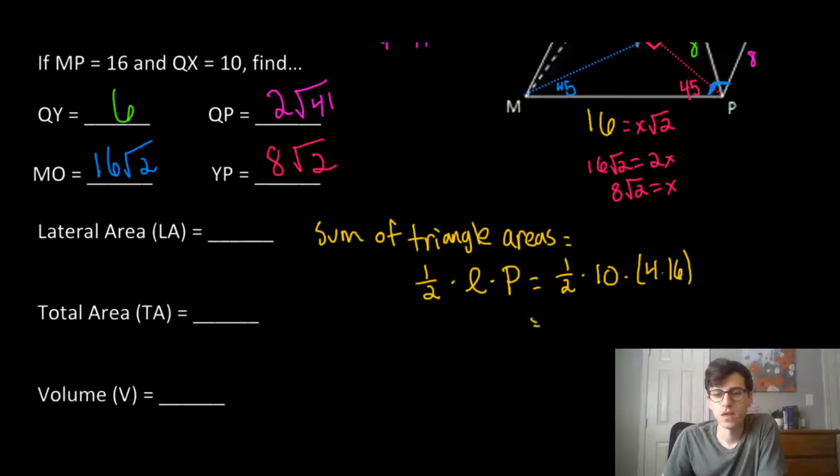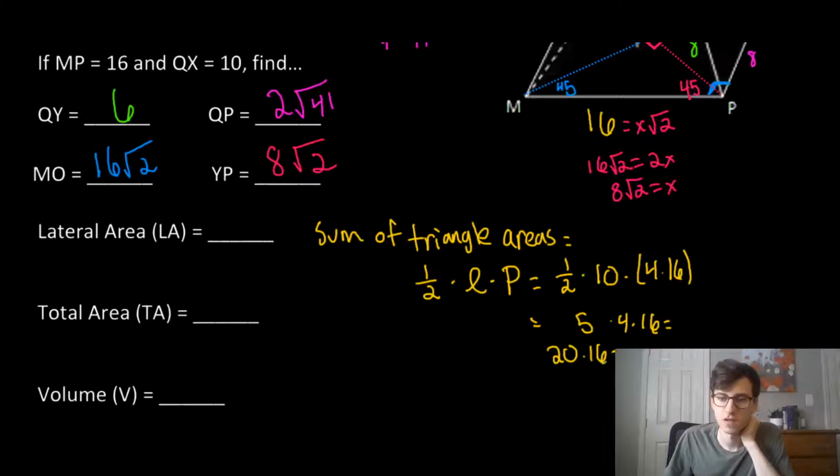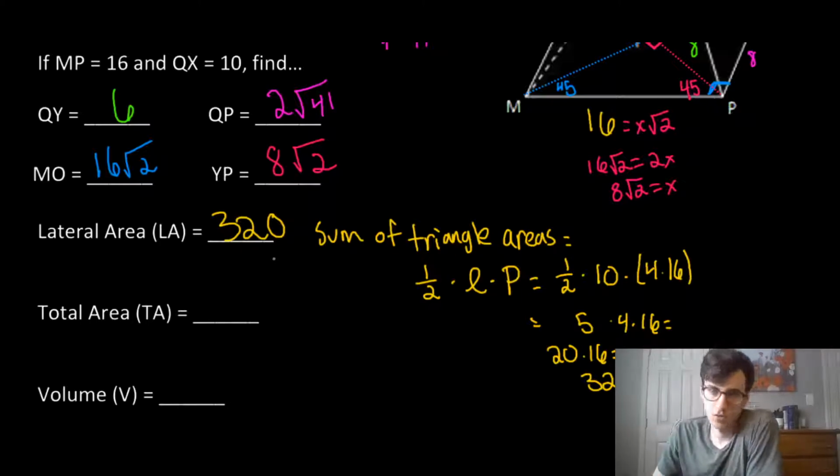Okay, so then that's 5. Well, yeah. So 1/2 times 10 is 5 times 4 times 16, which is 20 times 16, which is 320. So that's 320 units squared. And we don't have units, so we don't have to worry about it.